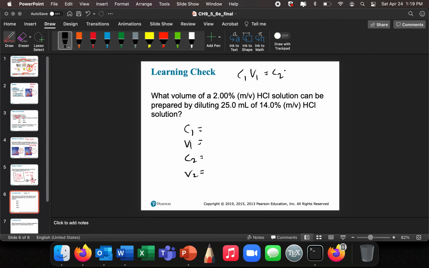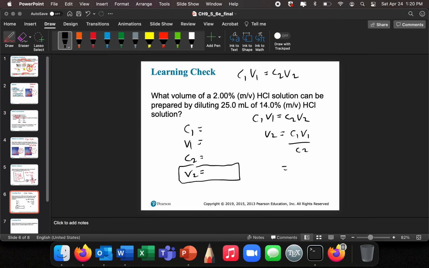C1V1 is equal to C2V2, right? What volume of a 2% HCl solution can be prepared? And so that is what I'm being asked right here, right? If that's what I'm being asked, then C1V1 is equal to C2V2. V2 is equal to C1V1 over C2, right?